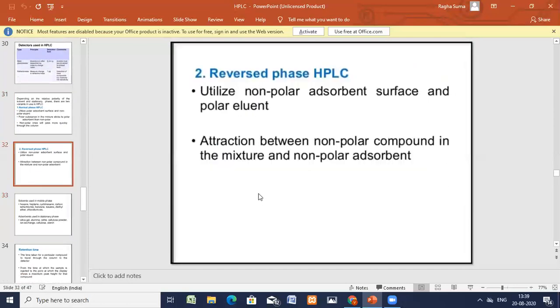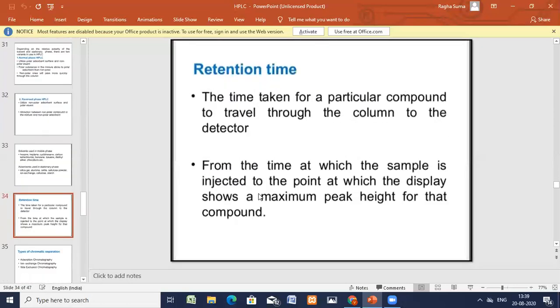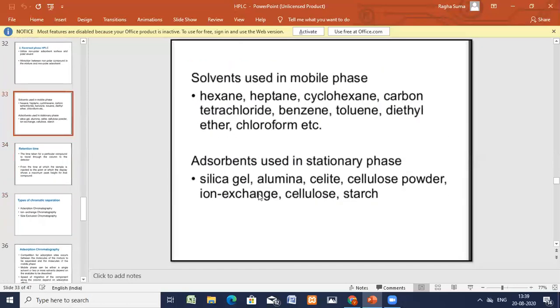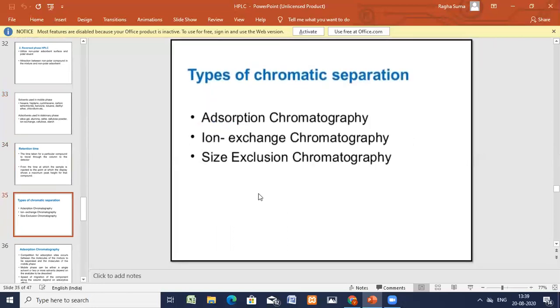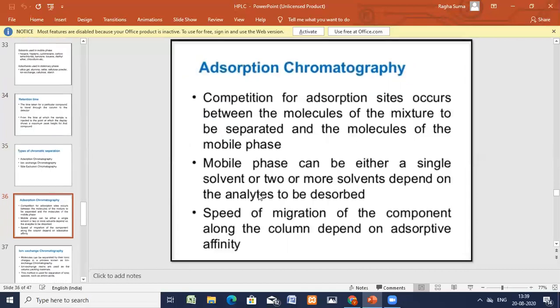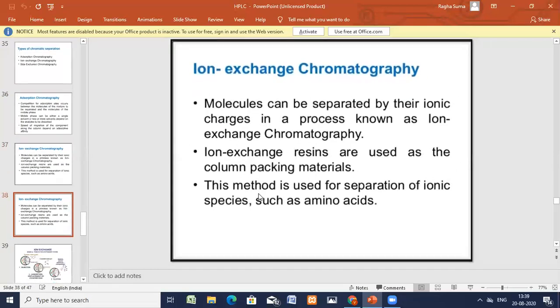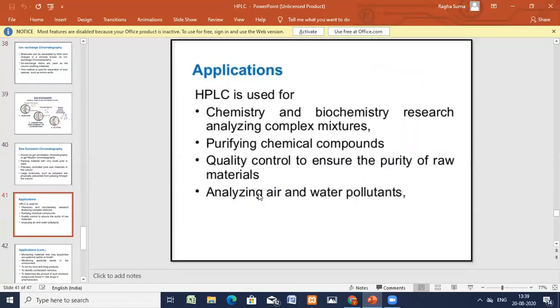Normal phase HPLC and reverse phase HPLC, the solutions we use, the stationary phase, the mobile phases used for HPLC, the retention time, and how it is employed for different chromatographic separations: adsorption chromatography, ion exchange chromatography, and size exclusion chromatography were explained in this session.